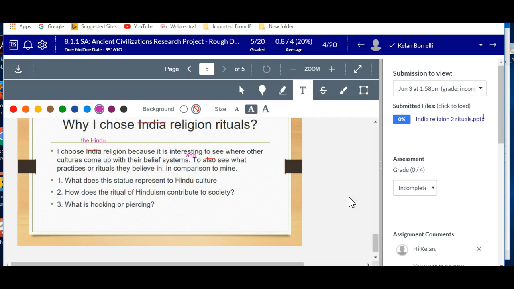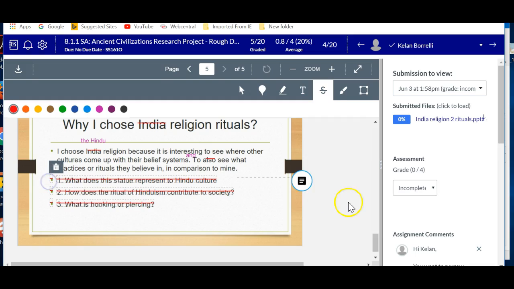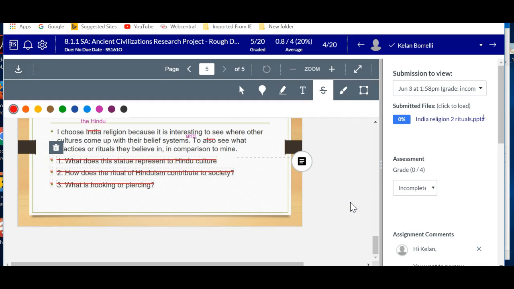Okay. You wrote, what does this statue represent to Hindu culture? Okay, so we already did that. You actually don't need these because these are the titles to each of your slides. So just take those out, okay?